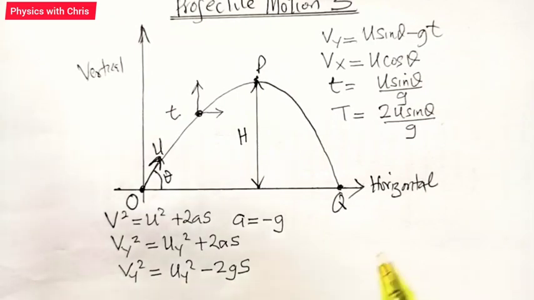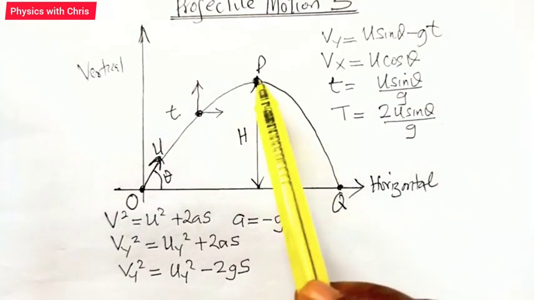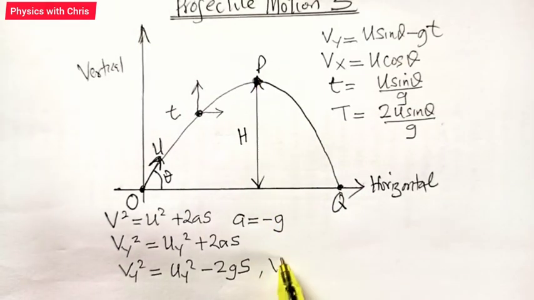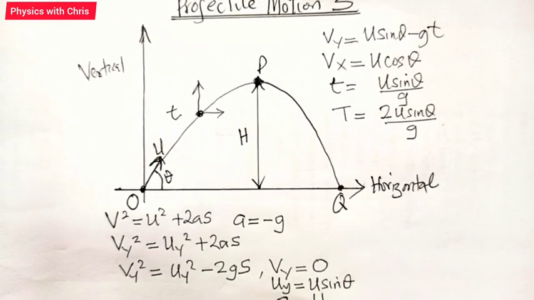Now recall, when the projectile is at its maximum height, this point P, the Vy component of the projectile's velocity is 0. The Uy remains u sine theta, and my s is equal to the maximum height, h.